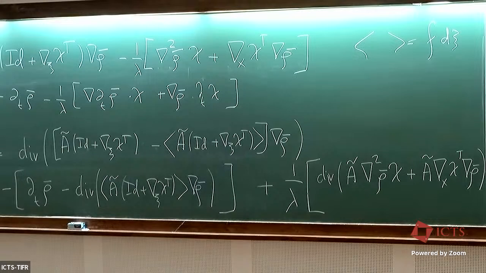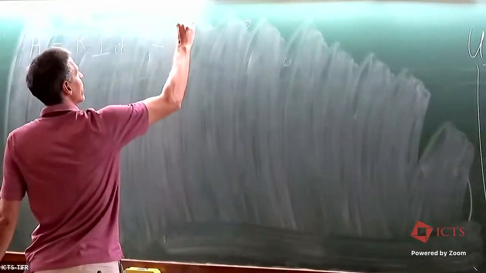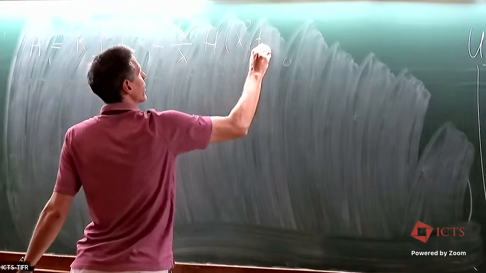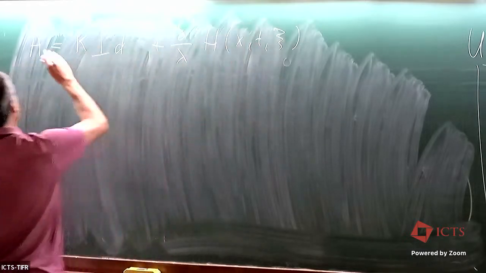Now, let me compute this average and show you the computation for that. We have this A tilde is kappa times identity plus delta lambda h of x, t, psi. So this is a matrix valued function of x, t, psi.